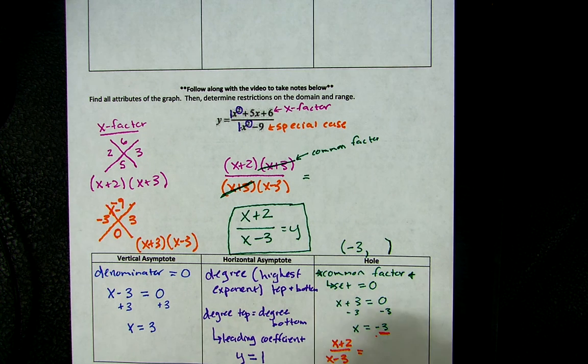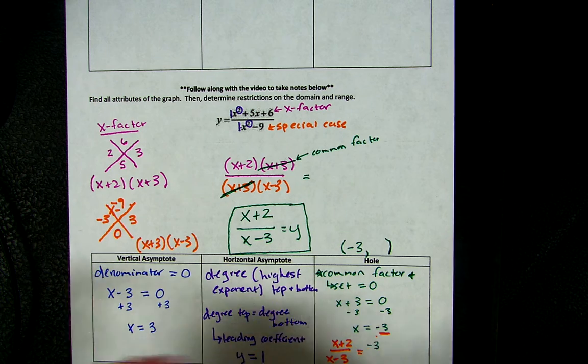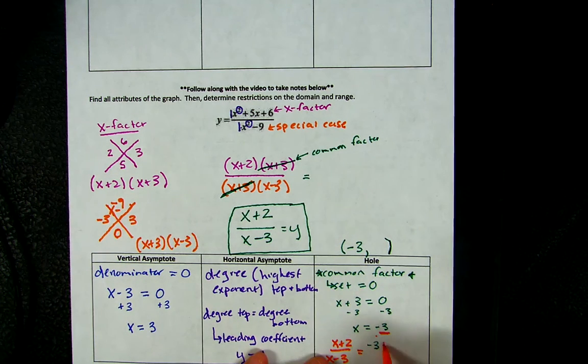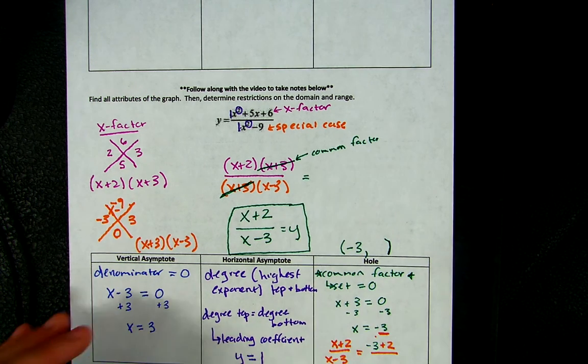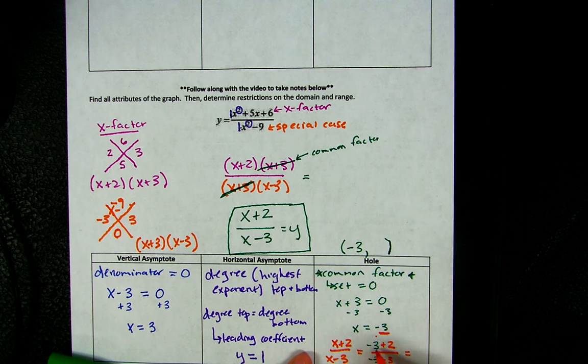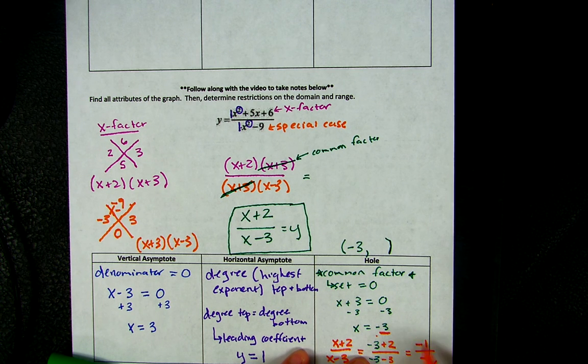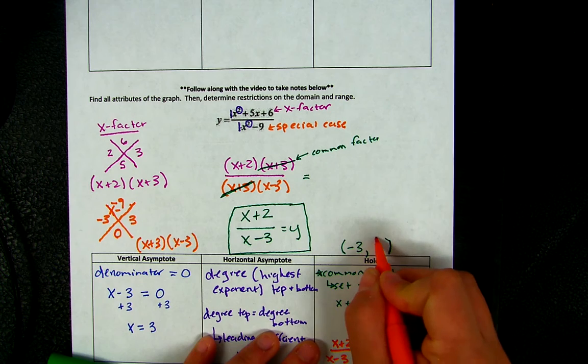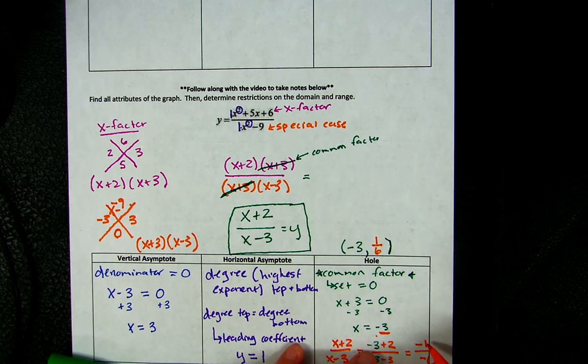So that is going to give me -3 plus 2 over -3 minus 3. And the result will be -3 plus 2 is -1. -3 minus 3 is -6. So the y value of my hole in the graph is 1 over 6, because a negative divided by a negative results in a positive.